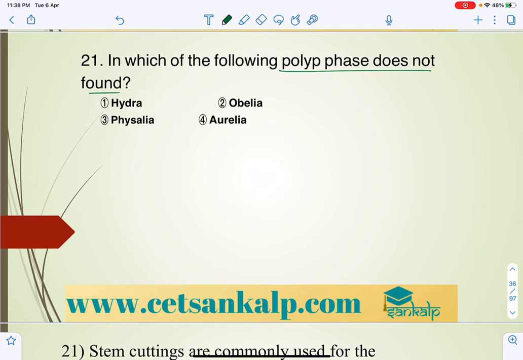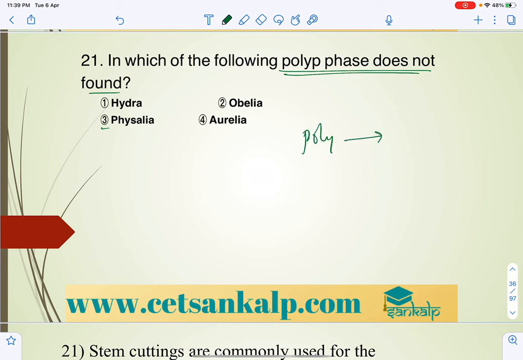The options are Obelia, Aurelia, Physalia, and we must select which does not include a polyp phase. The phases vary from organism to organism.